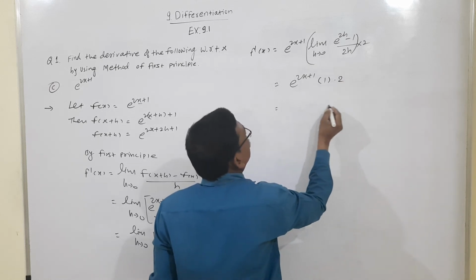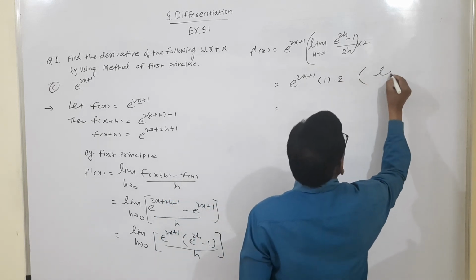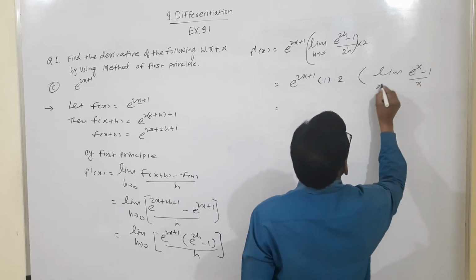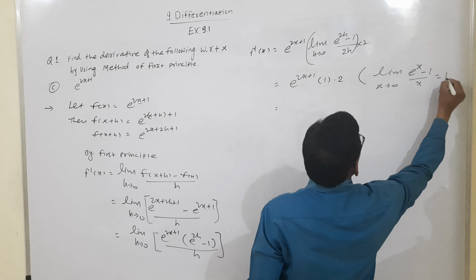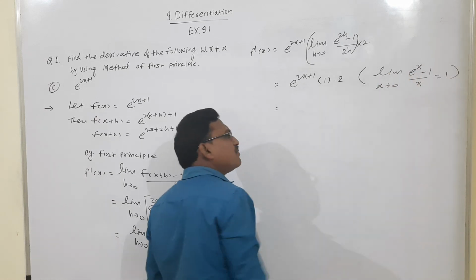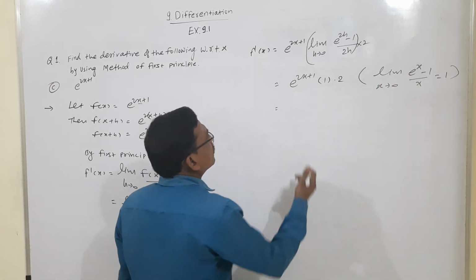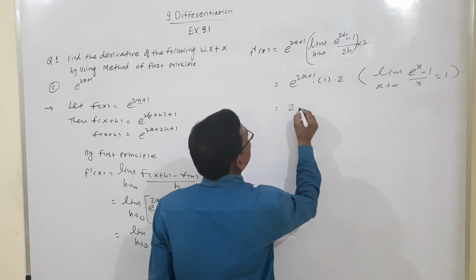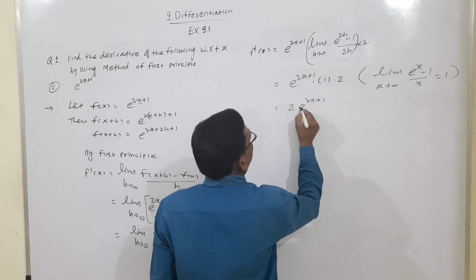Because the limit of the exponential function (e raised to x minus 1) upon x as x tends to 0 gives 1, because it gives log e, but log e is 1. So this into 1 into 2 is 2 into e raised to 2x plus 1.